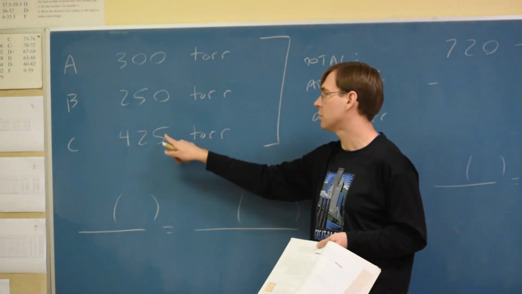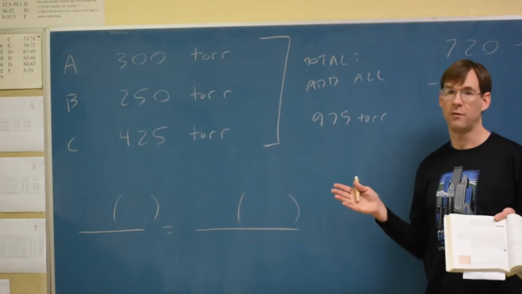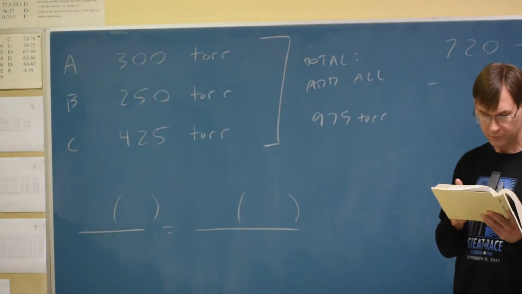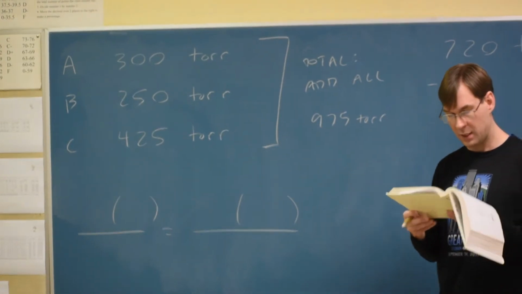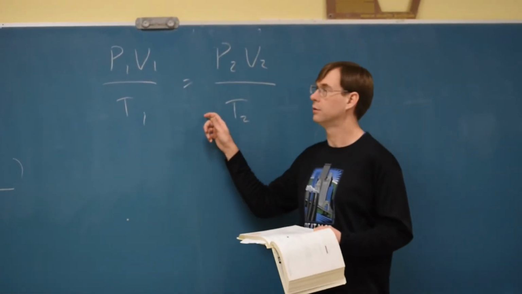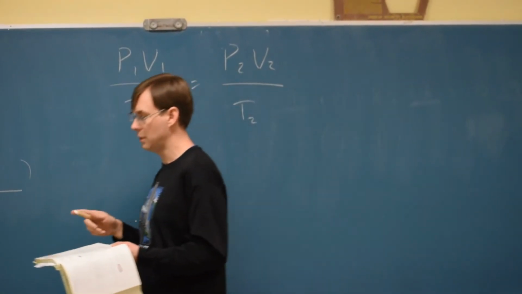Each of these is a partial pressure, add them all up, you've got a total pressure. You hope for a lot of those, but I don't think there are a lot of those, but that's a good news problem. For B, they're going to want us to go to our equation that rules the world.